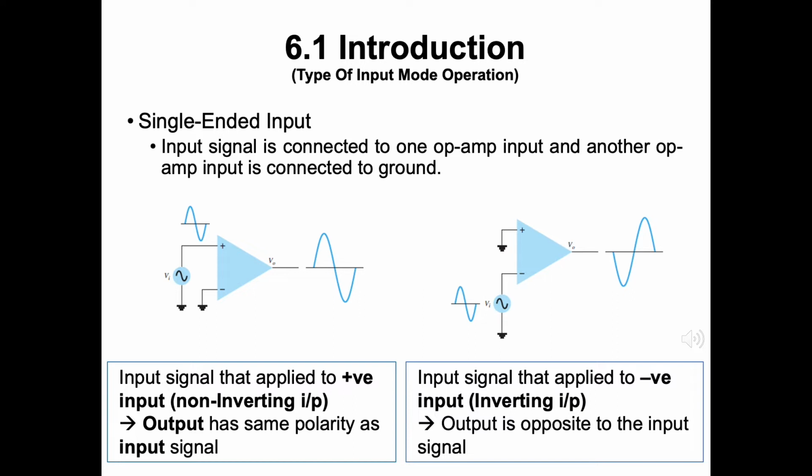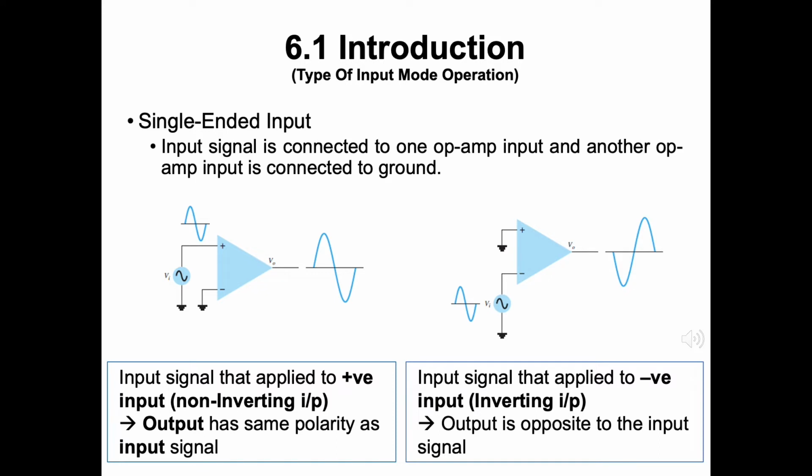The single-ended input is when the inputs are marked with minus and plus to specify inverting and non-inverting inputs, respectively. An input applied to the non-inverting pin will appear with the same polarity at the output. An input applied to the inverting pin will appear inverted at the output.